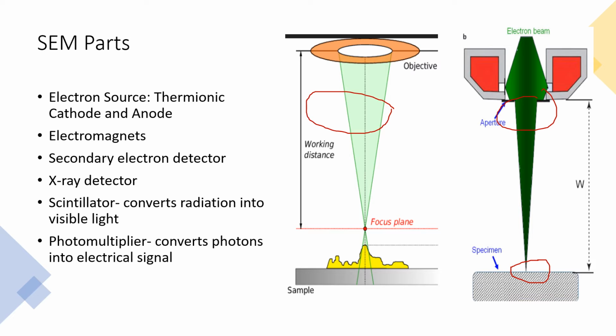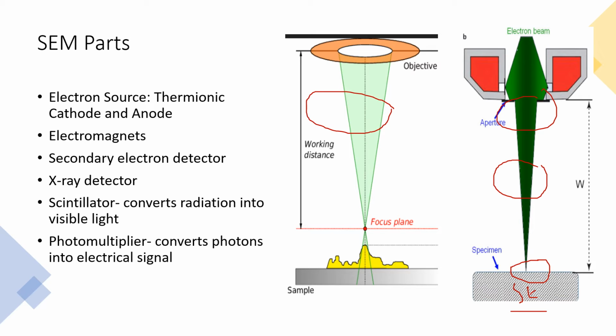In fact, when this primary electron beam, produced by the electron source, hits our specimen, secondary electrons get emitted by the specimen, and these are then detected by our secondary electron detectors. There are also some extra X-ray detectors, because it might be possible that along with secondary electrons, X-rays are also produced, and these X-rays get detected by the X-ray detector.